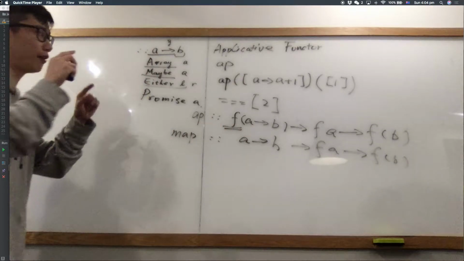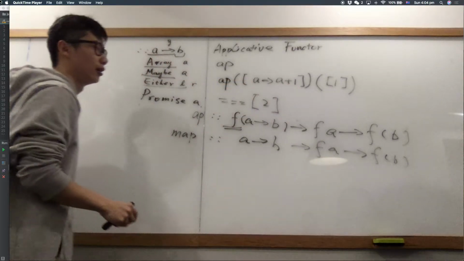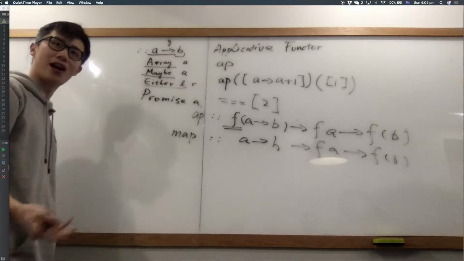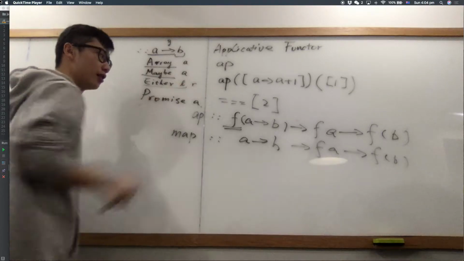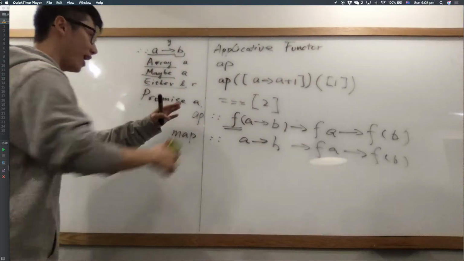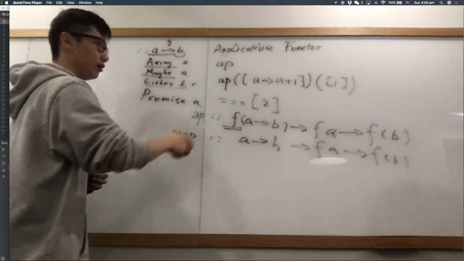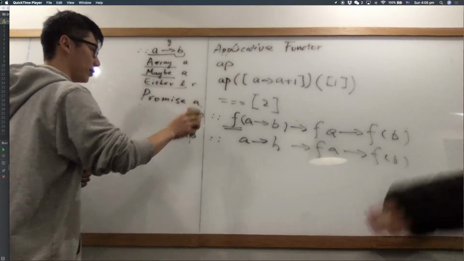So if you have a function inside a functor, how you apply it is by this function. Now why is this useful? Why the hell would you put a function inside a functor? Let me convince you.